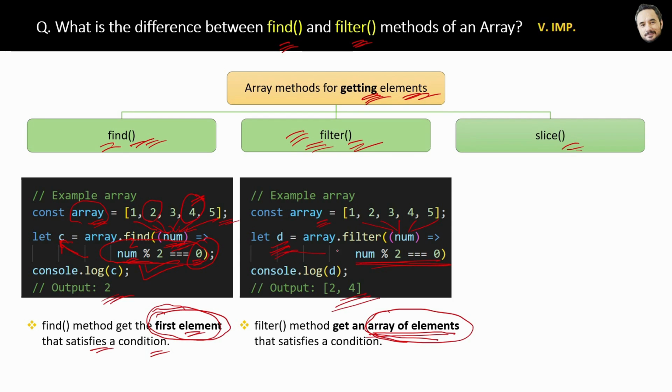Got it? So this time you will get 2 and 4 in the result array because both elements satisfy the condition. Remember, the result will be an array this time with the filter method, not a single element. So that is the difference between them. All right, the way I explained it, I think this difference will remain in your mind forever.